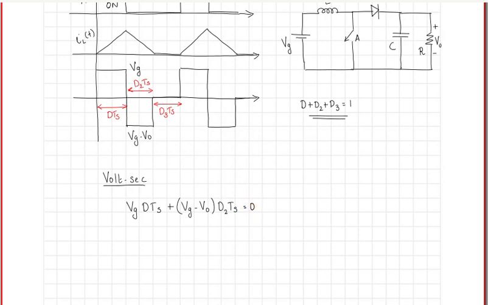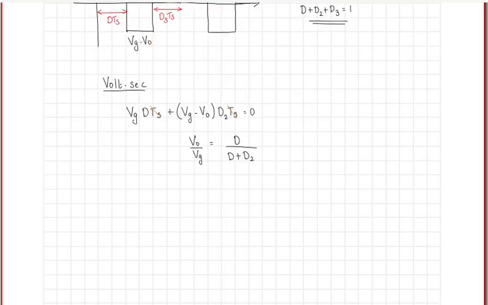And as we have seen previously, Ts cancels out, and if you simplify this relation, then what you get is Vo by Vg is equal to... I think it is in the reverse way.